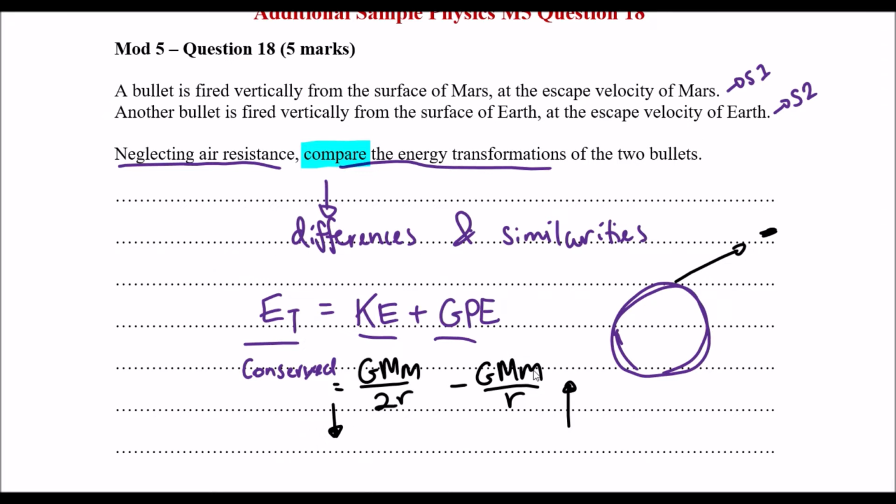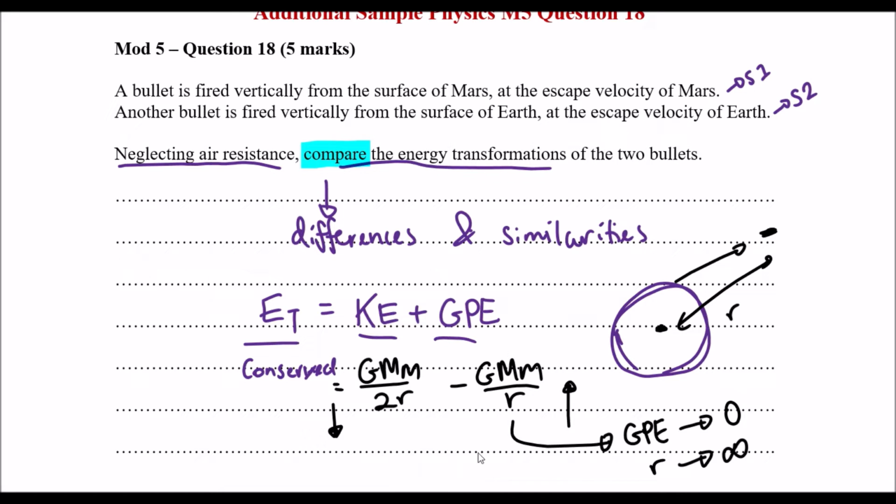We can also measure this in terms of the distance r between where the bullet is and the center of the Earth. As we increase the distance r, that's going to take our gravitational potential energy closer towards 0 as the distance goes towards infinity.